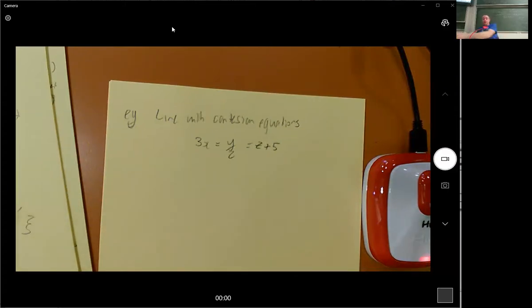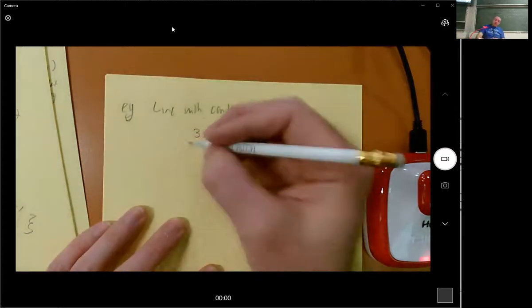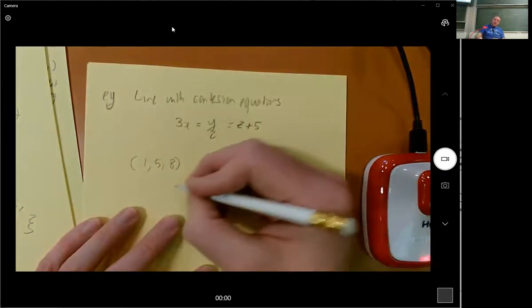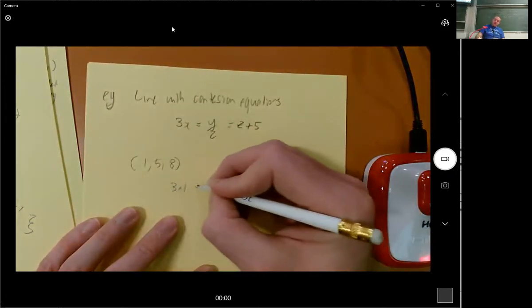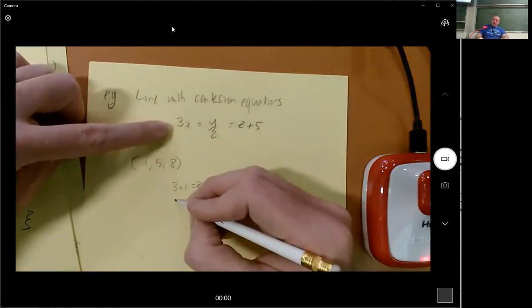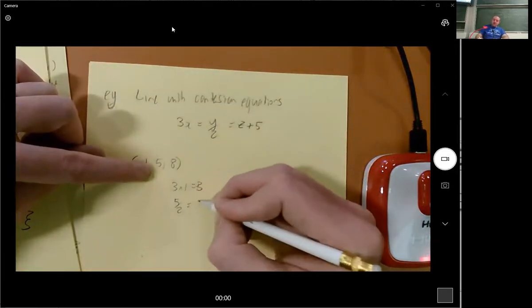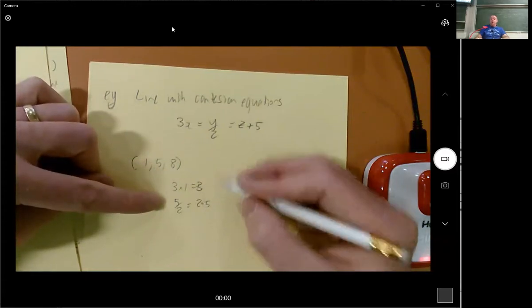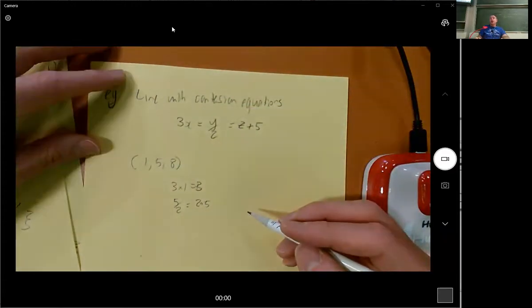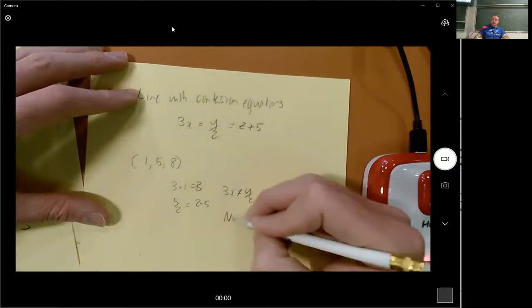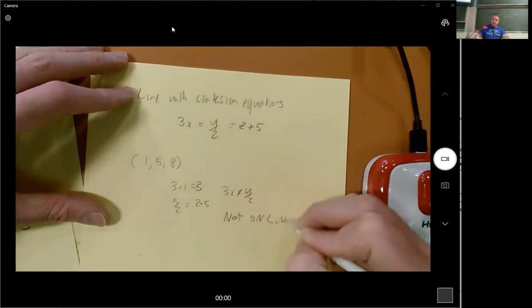And so I could go 1, 5, 8. Let's see, 3 times 1 is 3. That's the 3x. And y divided by 2 is 2.5. All right, so they're not equal. So these 2 aren't equal, so this point is not on the line. So 3x is not equal to y on 2, so this is not on the line.